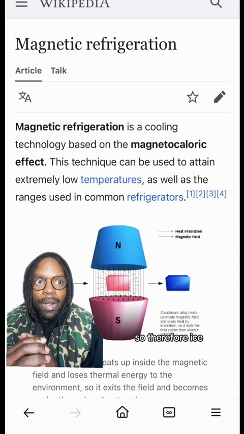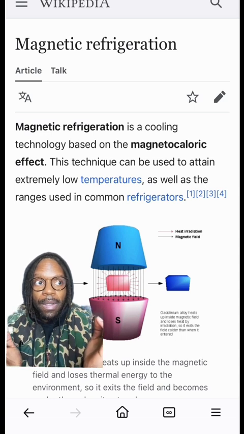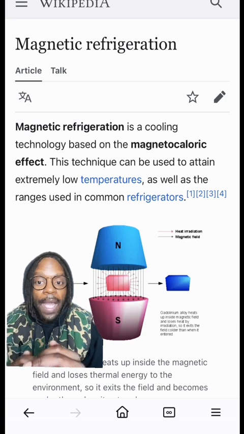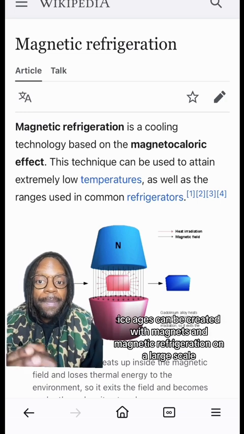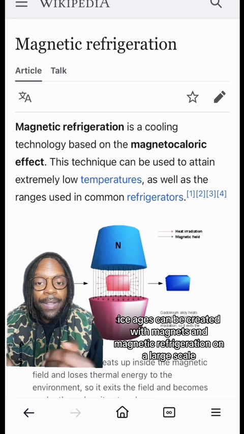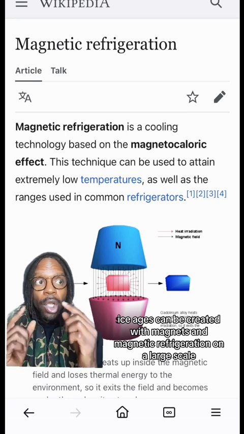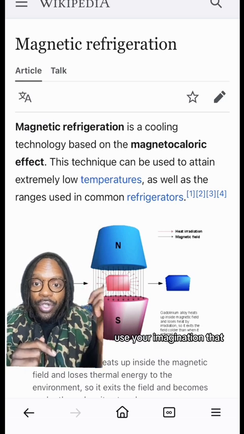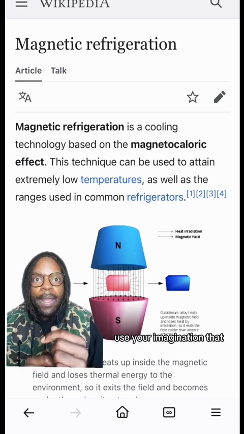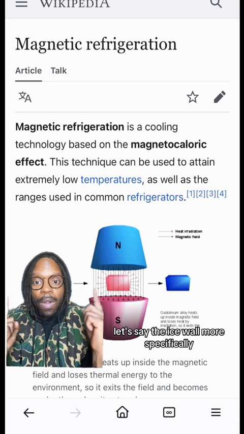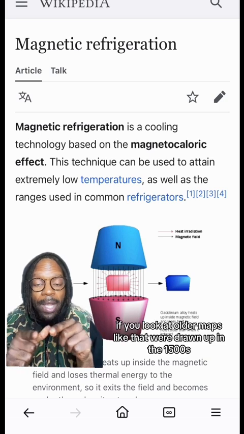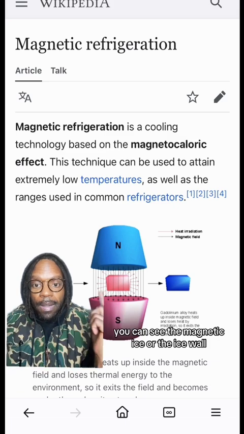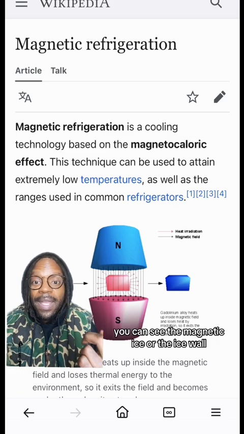So therefore, icebergs, ice ages can be created with magnets and magnetic refrigeration on a large scale. Now imagine, use your imagination, that let's say the ice wall, more specifically if you look at older maps that were drawn up in the 1500s, you can see the magnetic ice or the ice wall.